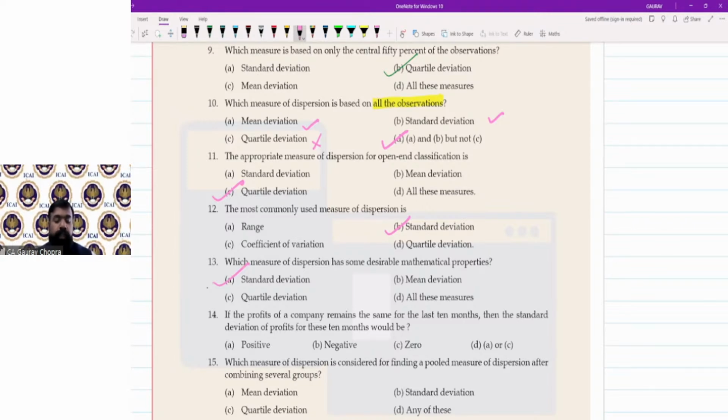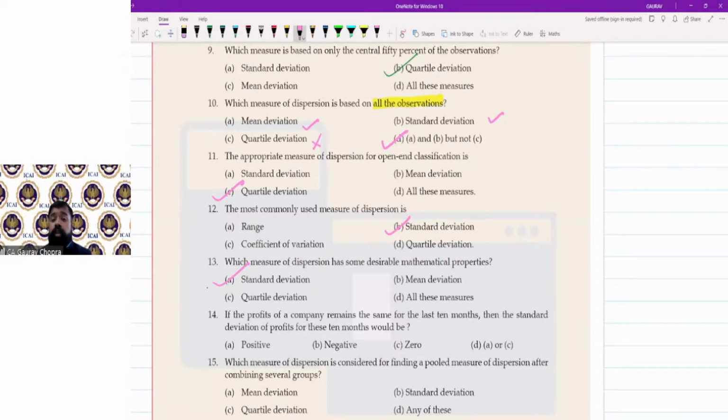Now 14. If profit of a company remained the same for last 10 months, then standard deviation of profit for these 10 months would be. So you have to find out the standard deviation of profit. So the profit is same in each and every month.